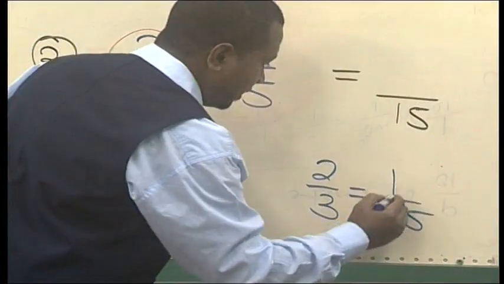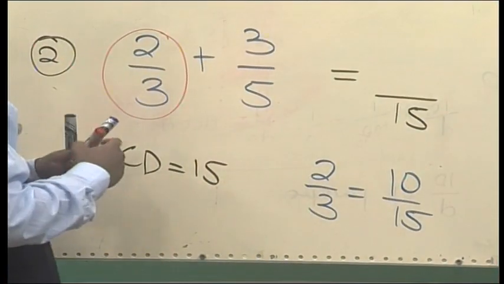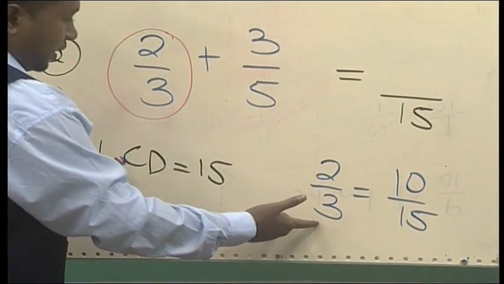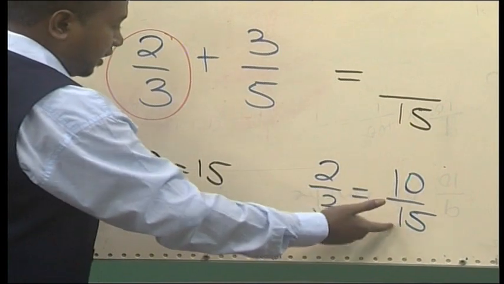Class, is it correct? Yes, very good, Walter. 10. So we have our equivalent fraction for the first fraction. 2/3 is equal to 10 over 15.